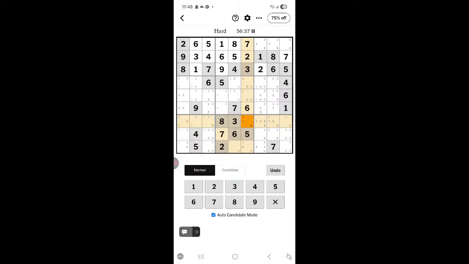If, for example, 9 can't be anywhere else in the box, it has to be in this row, right? So then what about 8? 8 can't be anywhere else in this box, it has to be in this row. So that leaves 3, 1, and 2.